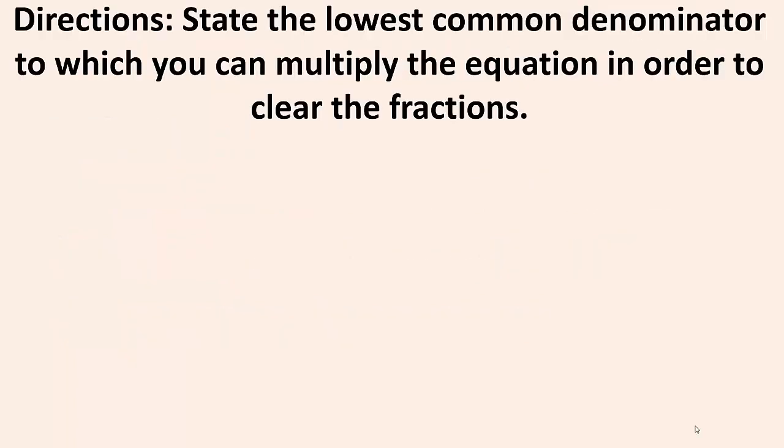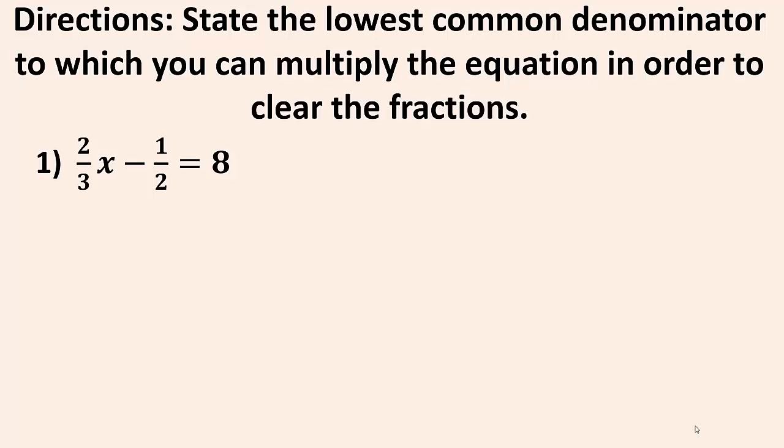State the lowest common denominator to which you can multiply the equation in order to clear the fraction. So notice the fraction. I have 2/3 x minus 1/2. So we're looking for what is our common denominator. Now, you use common denominators all the time when you're adding fractions.